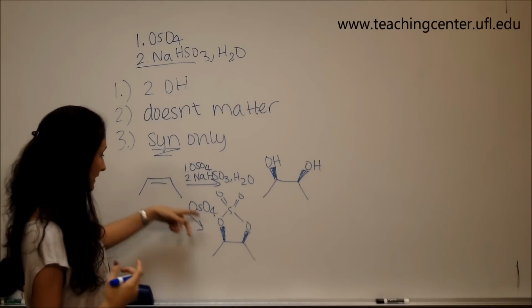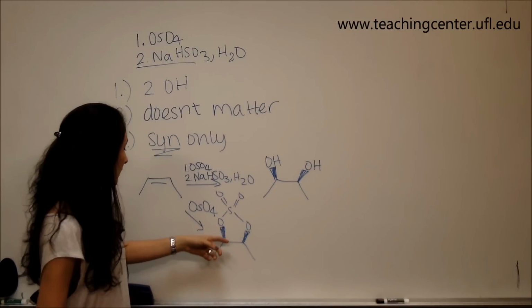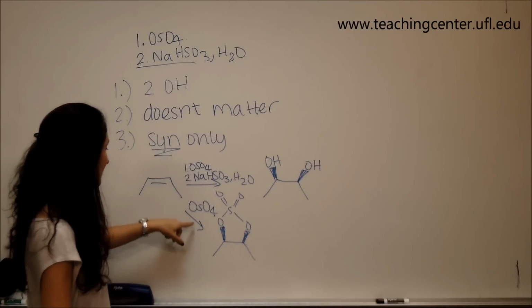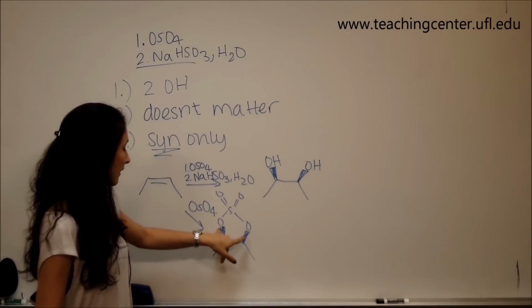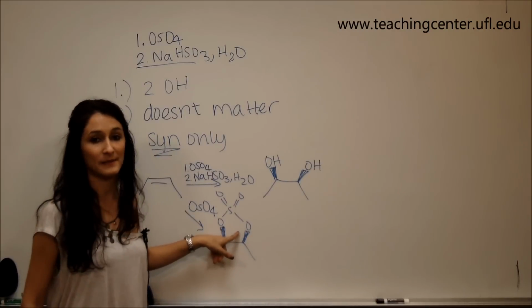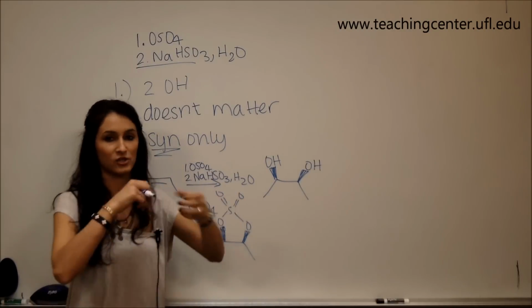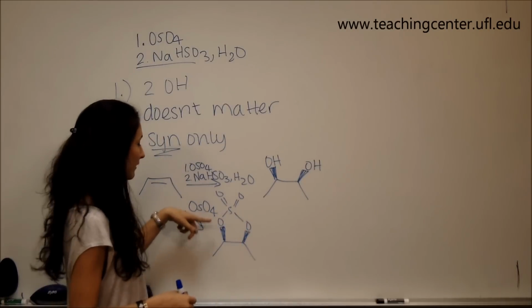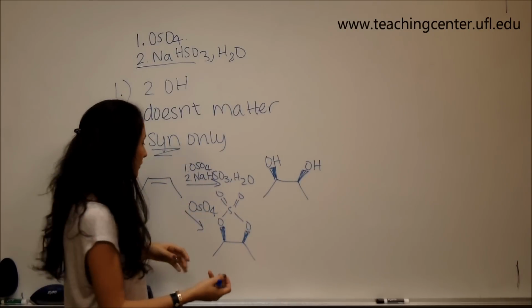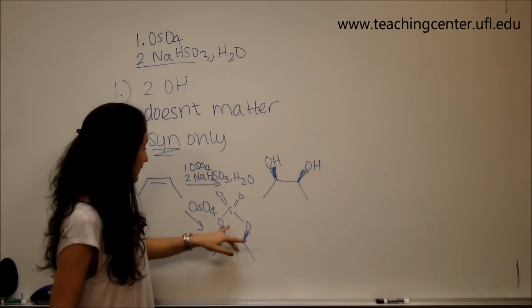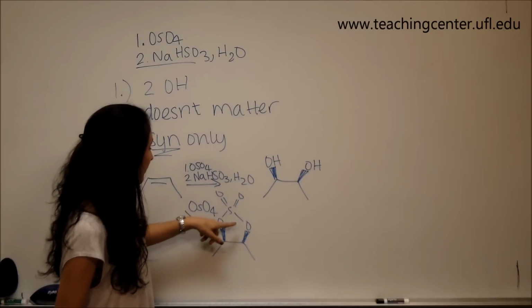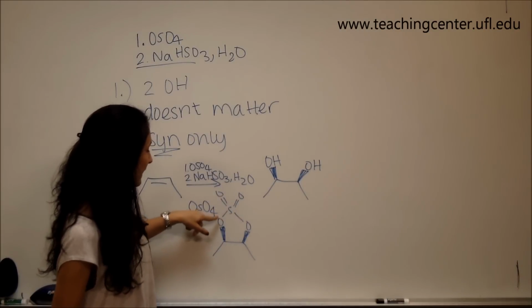Okay, so the alkene attacks the OsO4, and then you basically attack both sides of the O's, right? So you get this. So that's why it has to be syn. It's because these are all attached together. So you can't distort the molecule to have one O add in the front and one O add in the back, right? So basically these are going to add syn, and then this whole thing gets replaced by H's.